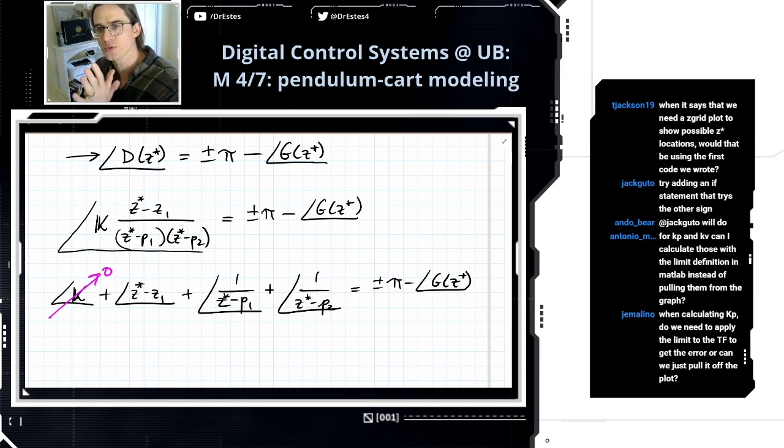But I want you to look at your plot. And I mean, you can do both. It's like a sanity check. The number that you get for KV using a formula should be very close to the number that you get for KV pulling it off a plot. Okay?